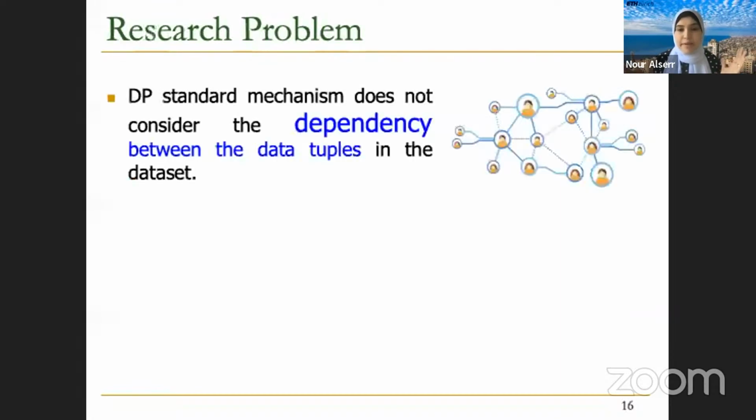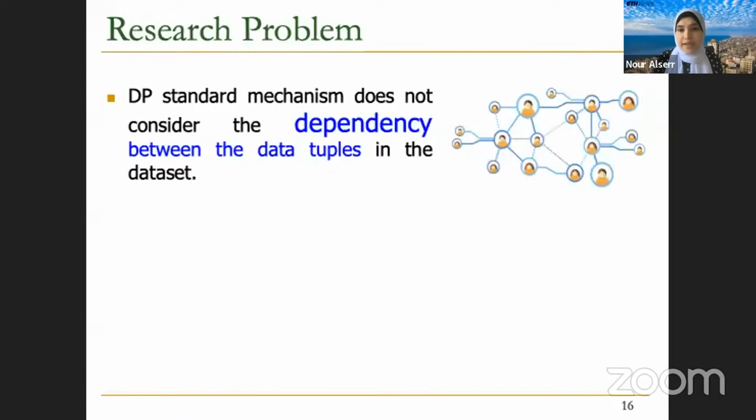What are these limitations? The first problem is that differential privacy doesn't consider the correlation between the data. It means in differential privacy, we assume all the rows we have are independent.